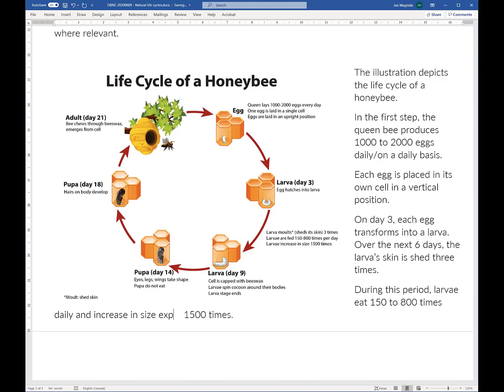Exceed. Or you could also say growing times larger.